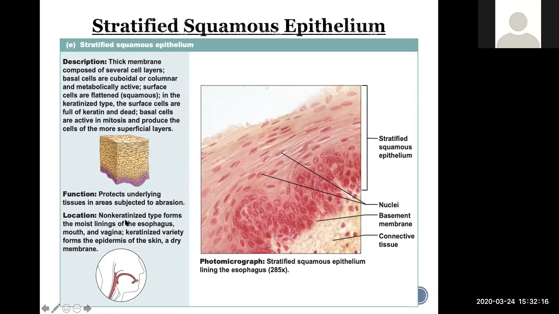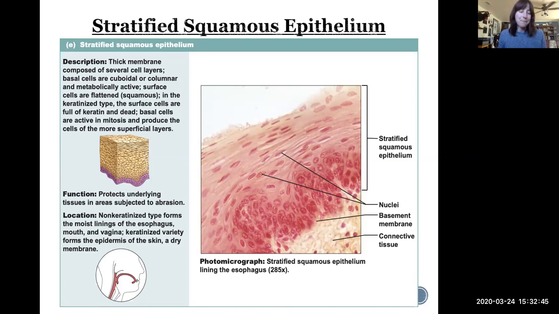Keratinized means having keratin, which in your skin is a waterproof, waxy, hard substance that gives your skin, nails and hair their physical strength and waterproofness. Was there a question?